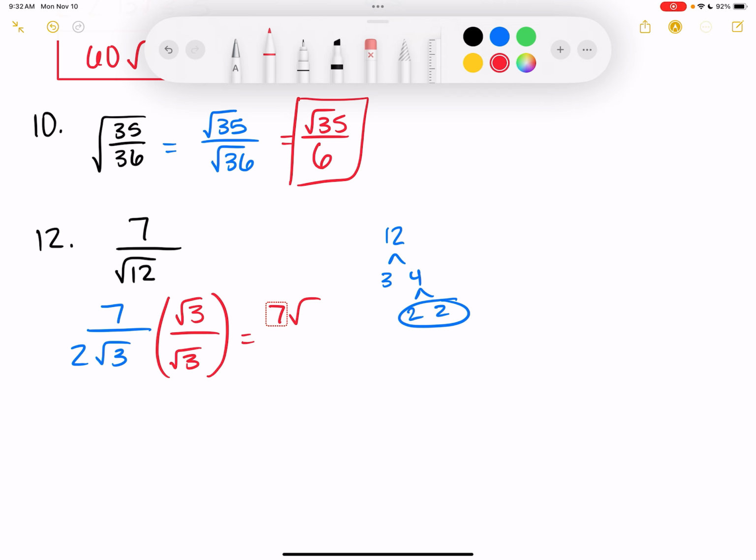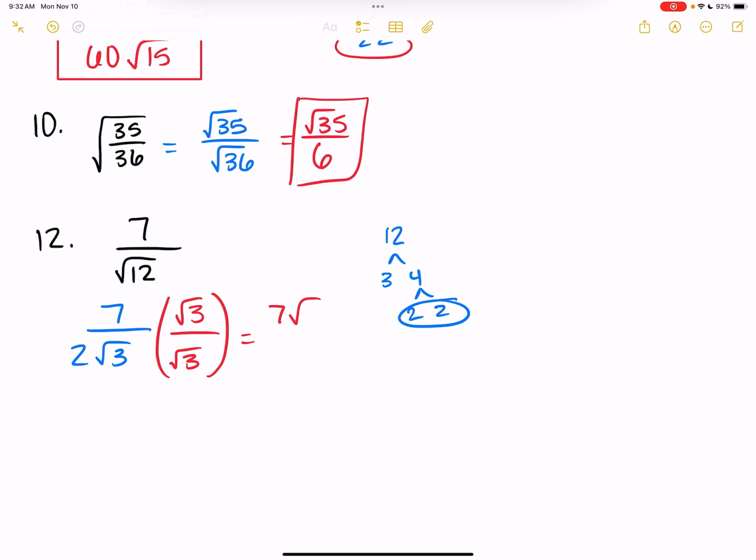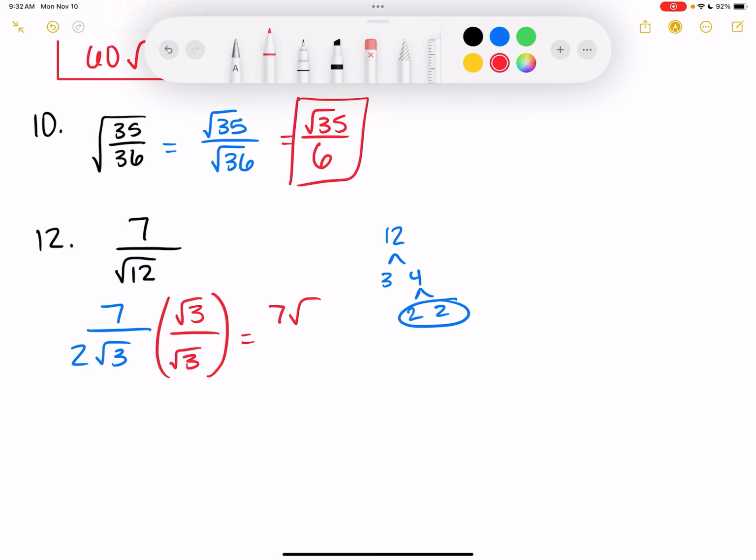And then 2 times 3 is on the bottom. The square root of 3 times the square root of 3 would be the square root of 9, which is 3. So this is 2 times 3, which is 7 root 3 over 6. And that would be my final answer.